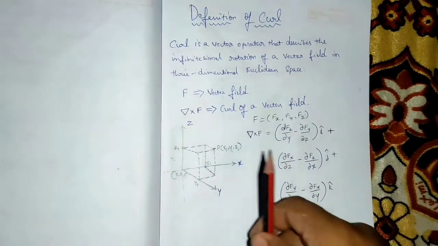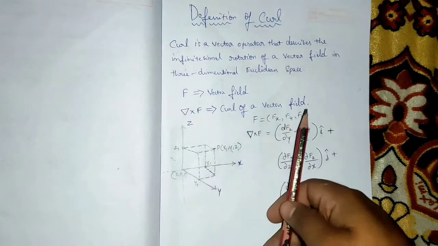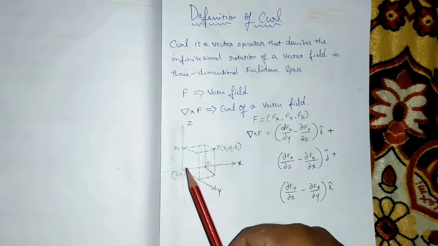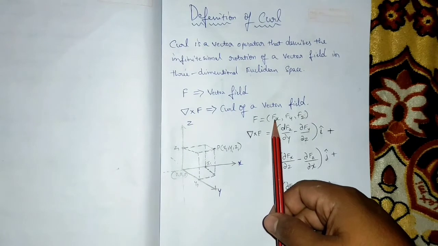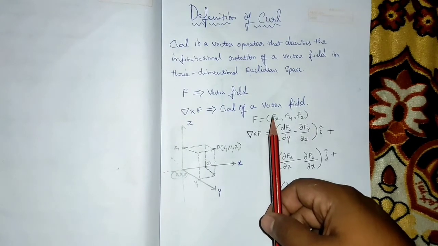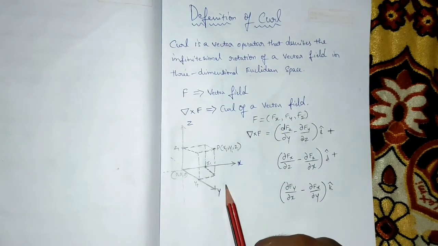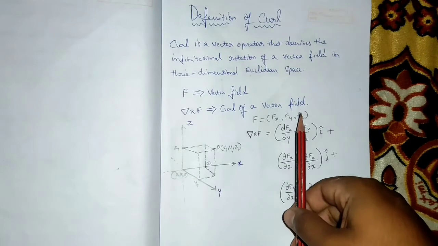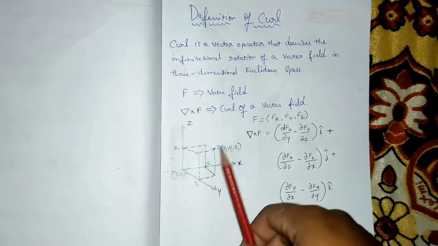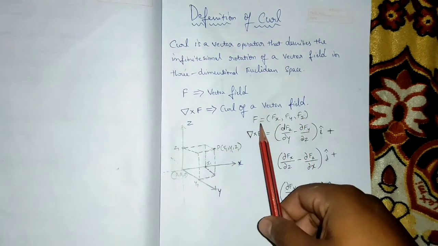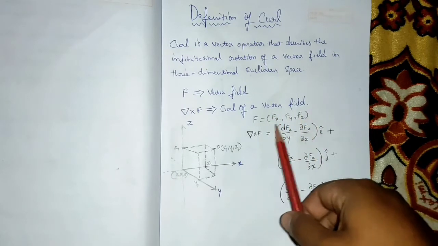Basically, we divide a vector field into three components along the three axes: the component along the x-axis is called Fx, along the y-axis Fy, and along the z-axis Fz. So the vector field is composed of these three components.